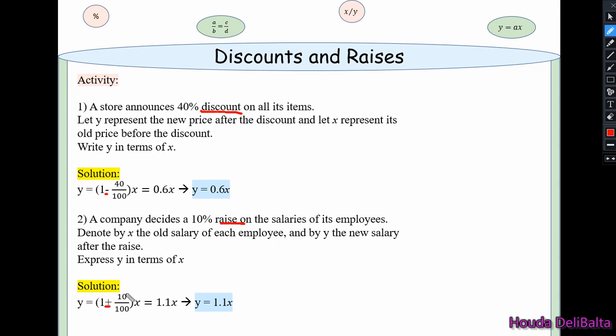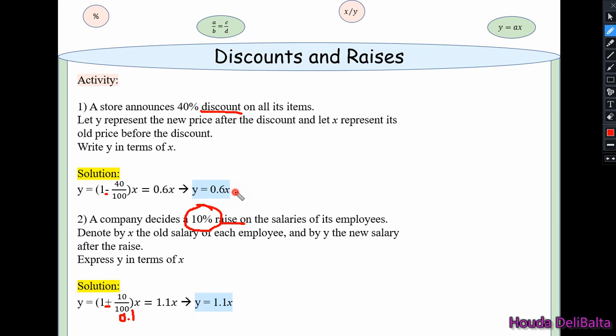So 1 plus 10 over 100. Where does 10 over 100 come from? It's from the given percentage of raise, which is 10%, then 1 plus 10 over 100 of the initial salary, which is X. And thus, I'm going to get 1.1 because this is 0.1, and because I'm adding 1, then I will get 1.1.